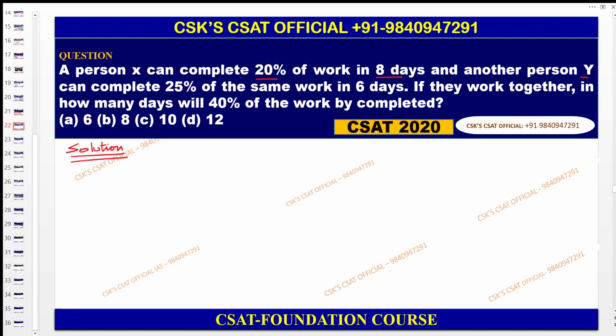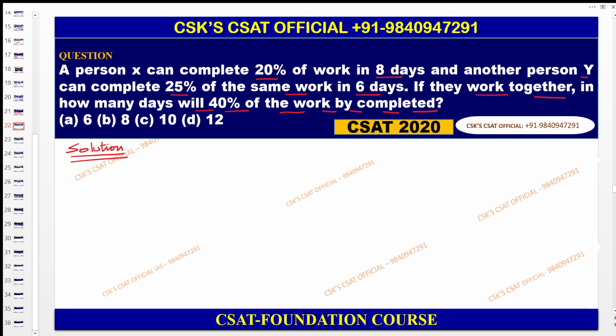Another person Y can complete 25% of the same work in 6 days. If they work together, in how many days will 40% of the work be completed? So this is the question you need to work out.